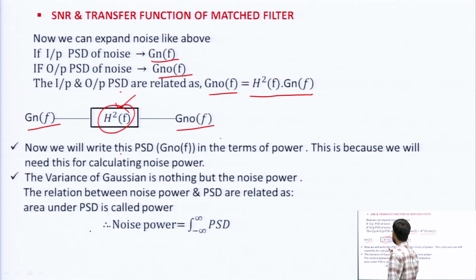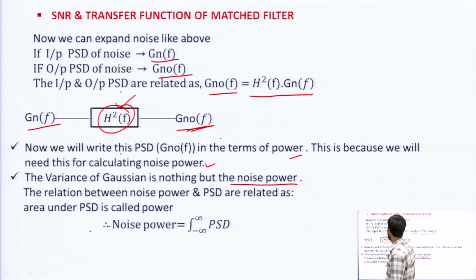Now we will write this PSD in terms of power, because we will need this for calculating the noise power. The variance of Gaussian noise is nothing but the noise power. I have already told you the same thing in the optimum filter.